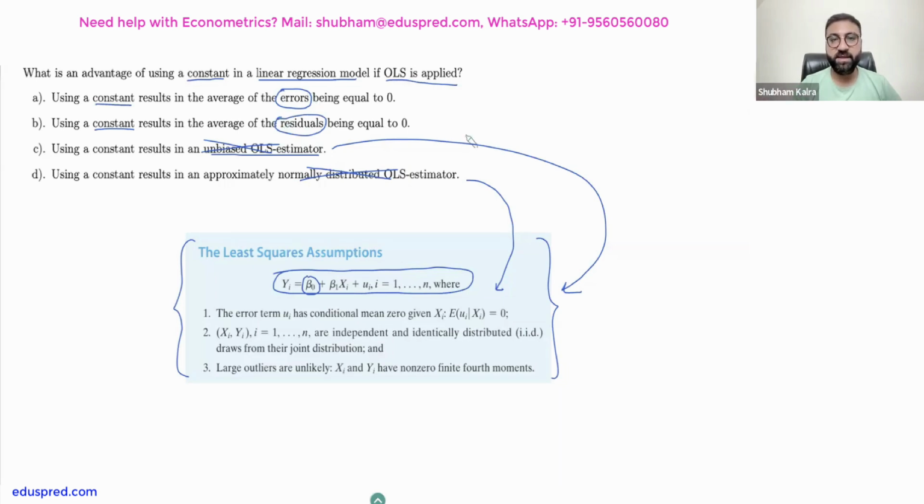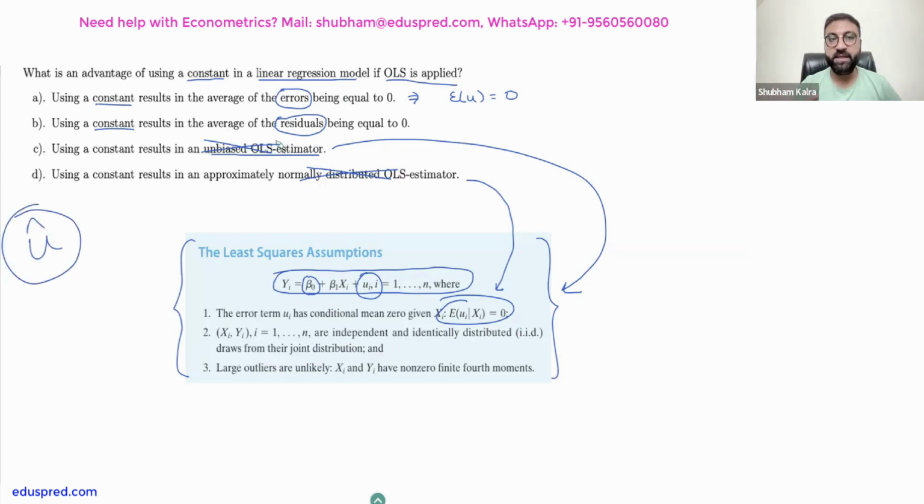By errors, we mean the population error. That is this U_i that you see over here on which you see this assumption as well. So the meaning of part A is the expected value of U is equal to 0. And the meaning of the residuals is the sample counterpart of the population error. Basically, the residuals are denoted by U hat.